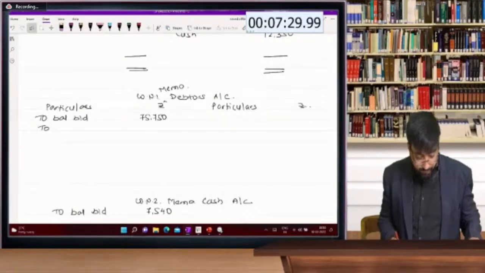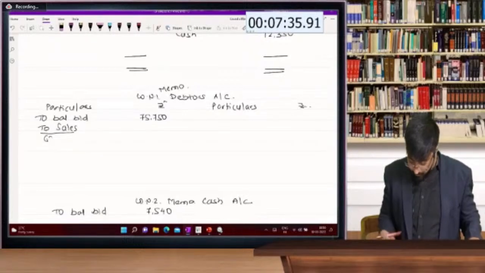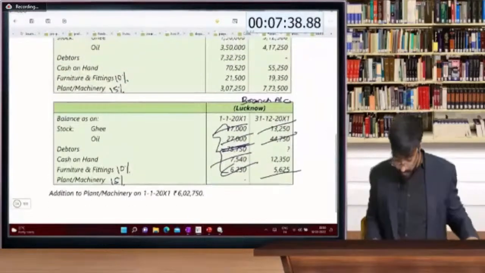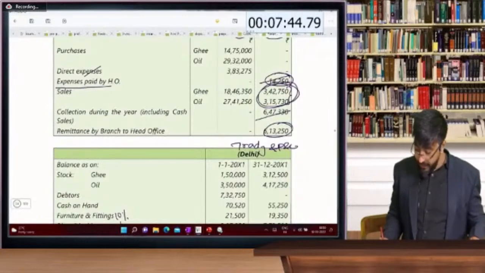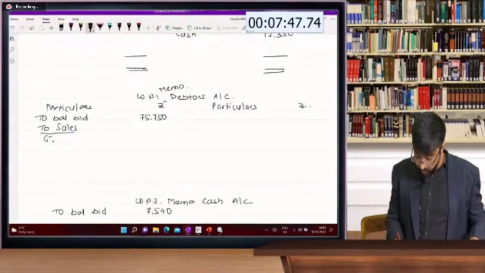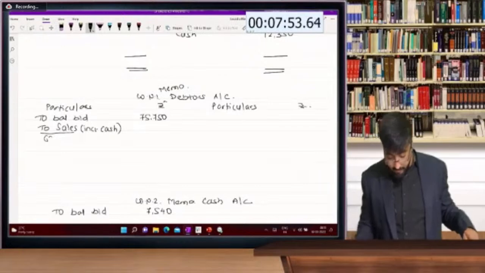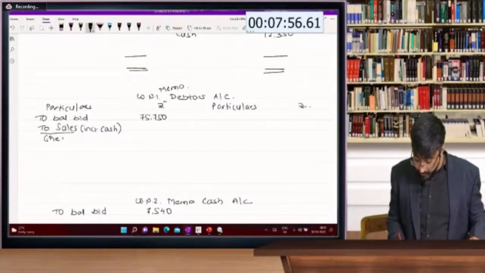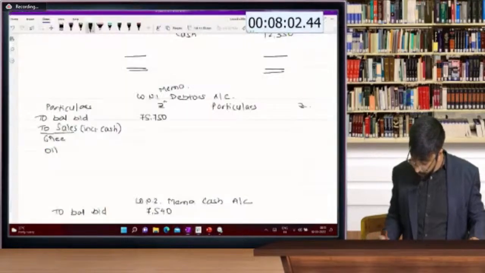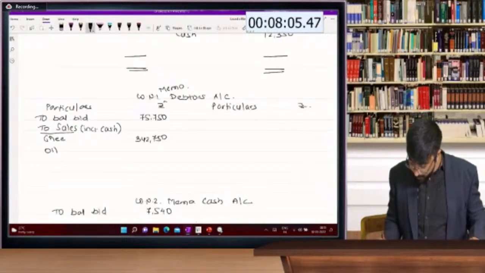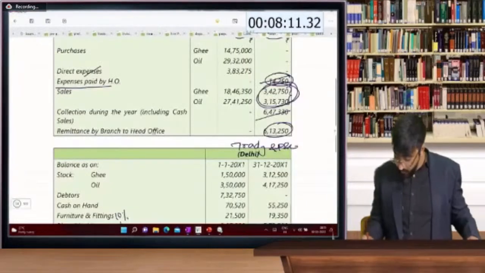Debtors, to sales. We do not have sales, cash and credit. So here including cash sales, beta. So including cash, ghee, oil 342,750, 315,730.